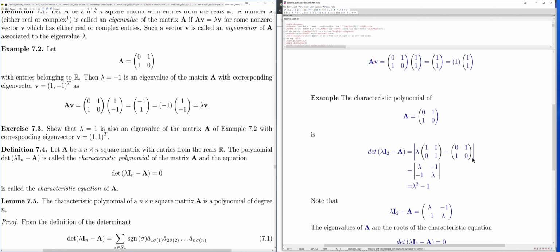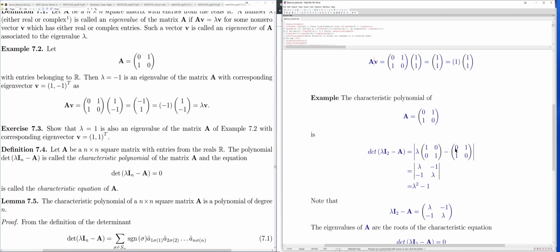Then you take the determinant of that. Remember, that's what these large vertical lines mean. To work this out, first you do the scalar multiplication and the matrix subtraction on the inside. You have lambda, subtract 0 to get lambda, subtract 1 to get minus 1, subtract 1 to get minus 1, and then lambda again.